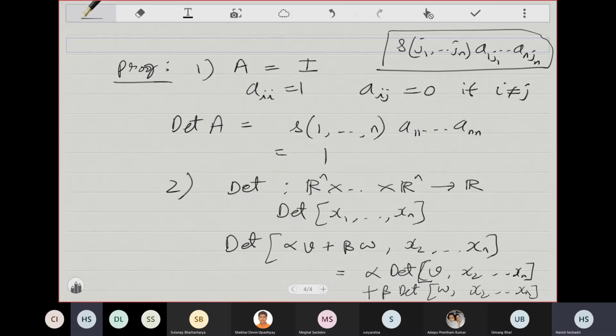So this is what it means for all alpha, beta in R, v, w in R^n. So this is what we want.